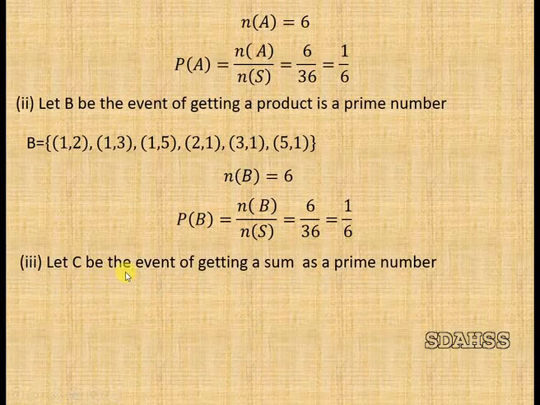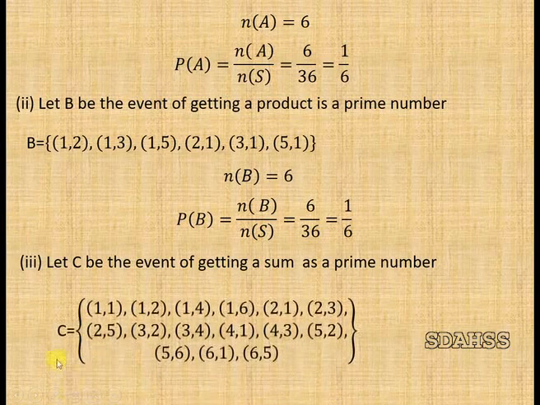Subdivision 3. Let C be the event of getting a sum as a prime number. Sum means add. If you add the two numbers, you will get a prime number. So C is equal to 1,1: if you add 1 and 1, you get the prime number 2. 1,2: if you add 1 and 2, you get 3, a prime number.